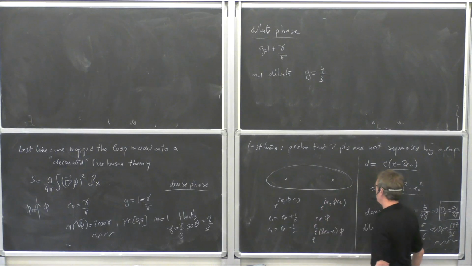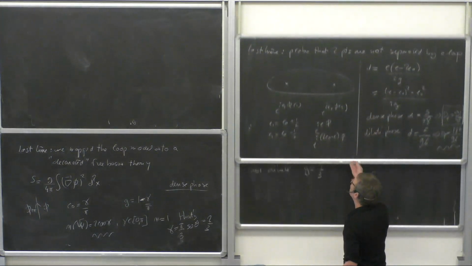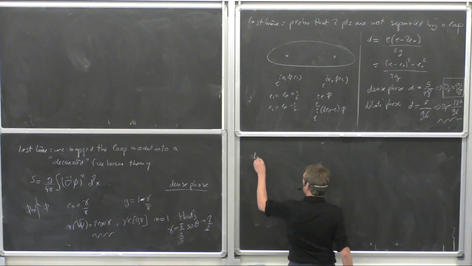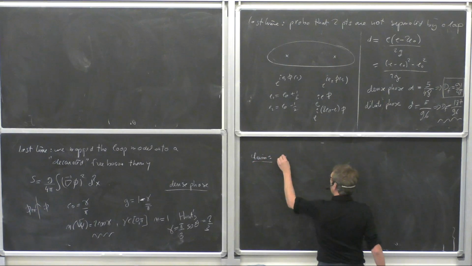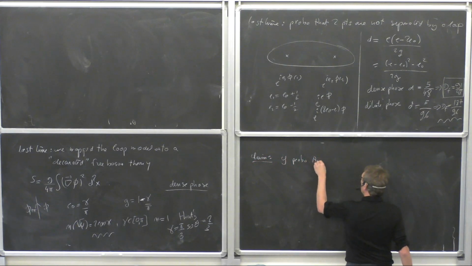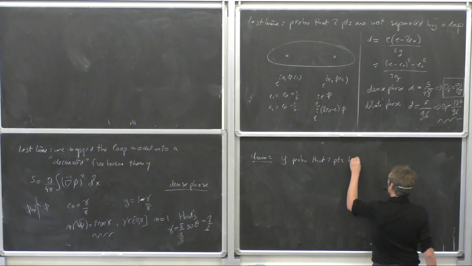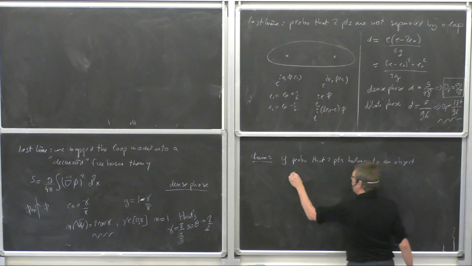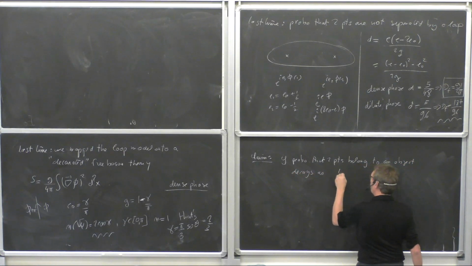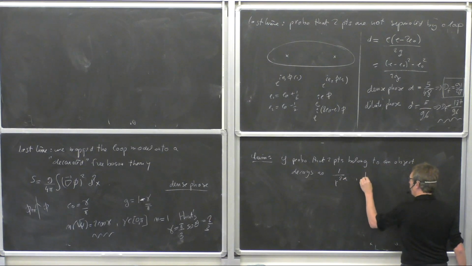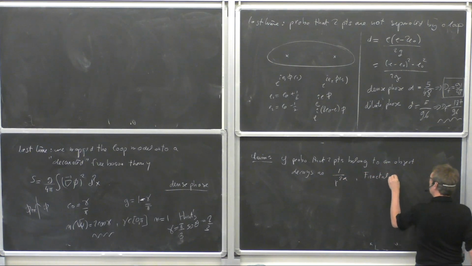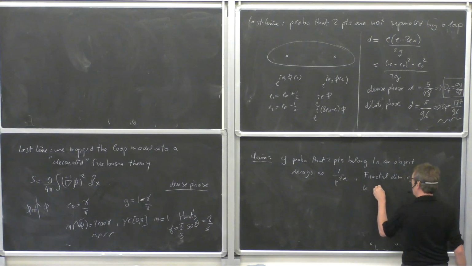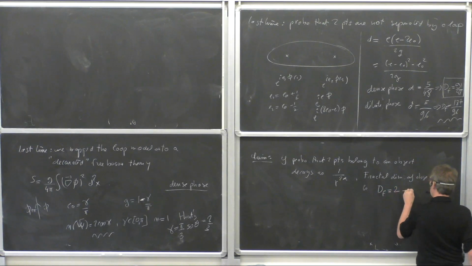I'd rather not go into this very much, but the point is that it is a general claim: if the probability that 2 points belong to the object, whatever object you're considering, decays as 1 over r to the 2d, then the fractal dimension of the object is d fractal is 2 minus d.